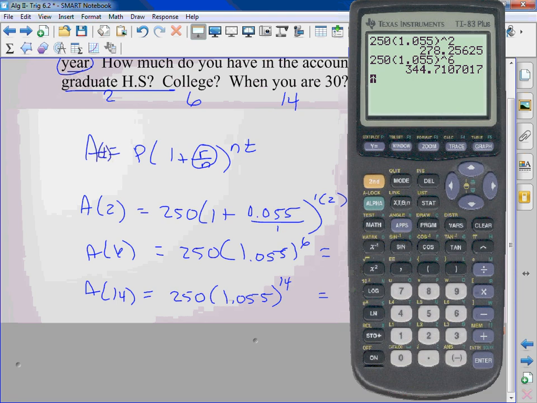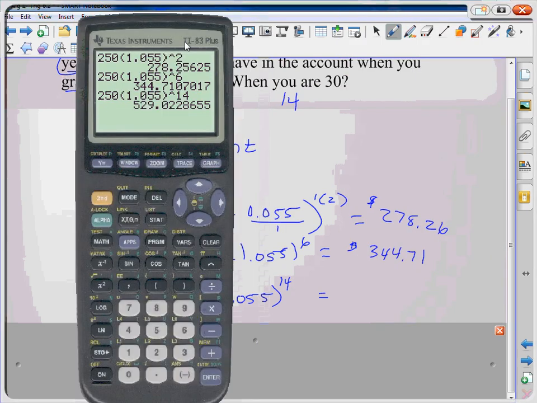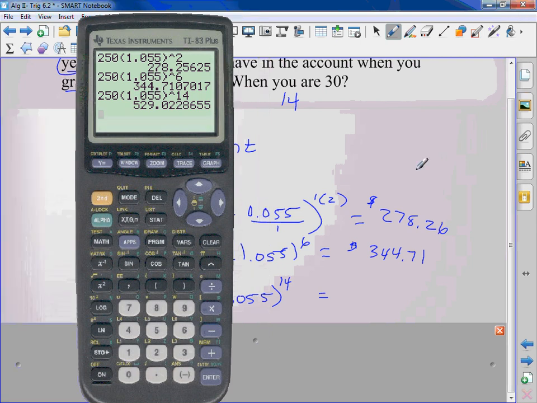All right. Second, enter, change this to a 14. So if I didn't touch this money at all, I just left it in there. When I turn 30, there is now, it's still more than what you had before. That is correct.